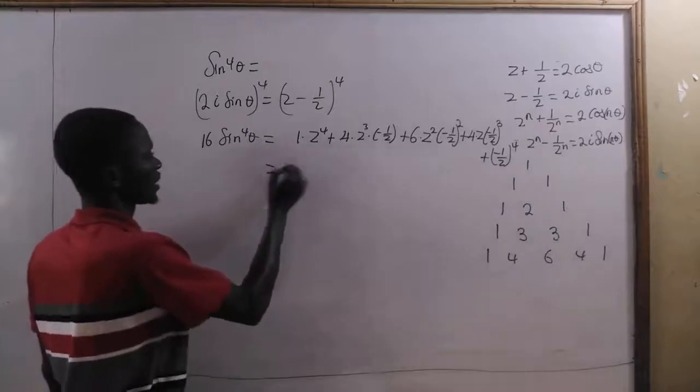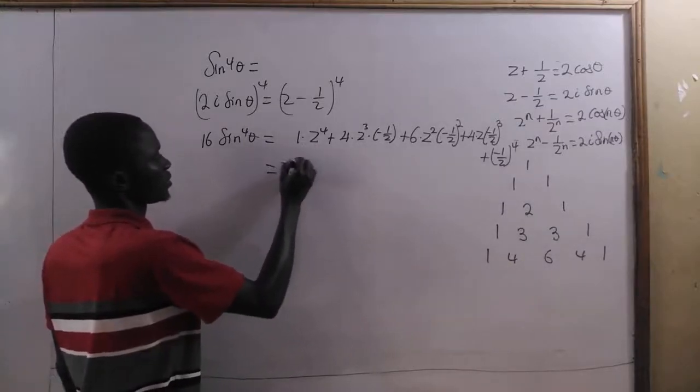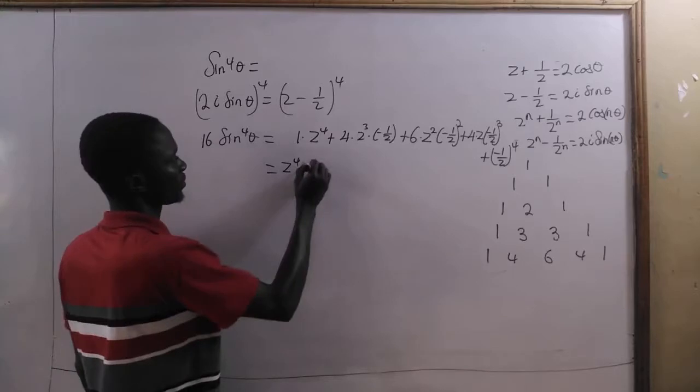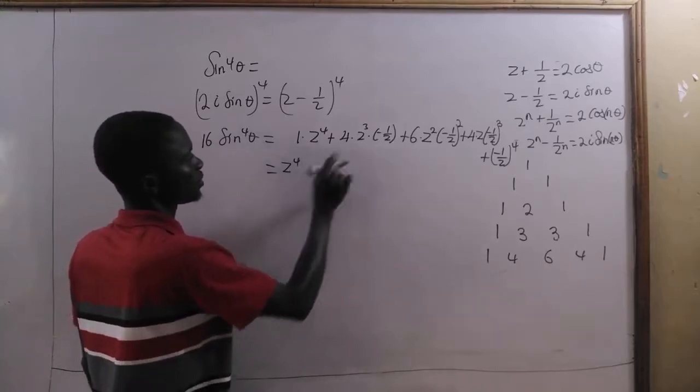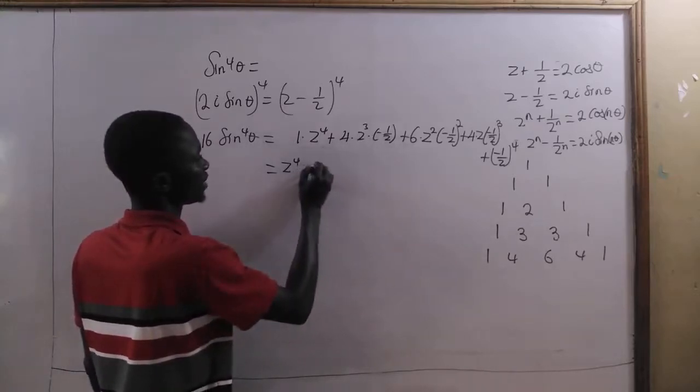So we should take note of that. We have z to the power 4 plus, positive negative will give us negative.